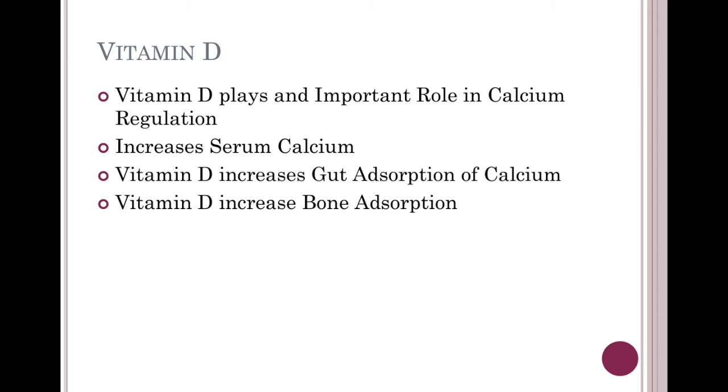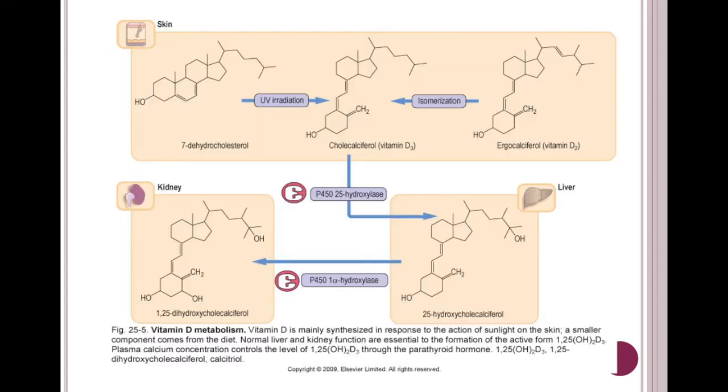So vitamin D plays an important role, as we talked about. It increases serum calcium, it increases the gut absorption of calcium, and it also increases bone resorption. And this is just the mechanism by which vitamin D is made. The important component here is to see that this precursor, 7-dehydrocholesterol, is changed by UV radiation into vitamin D3, and this happens in the skin.